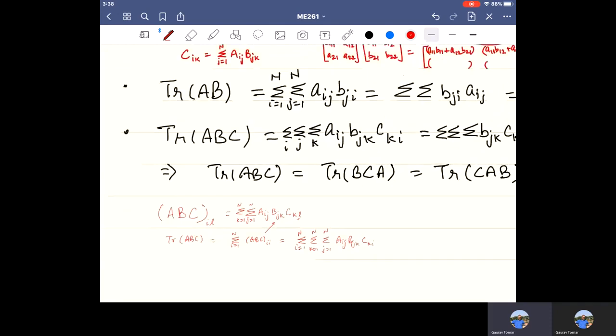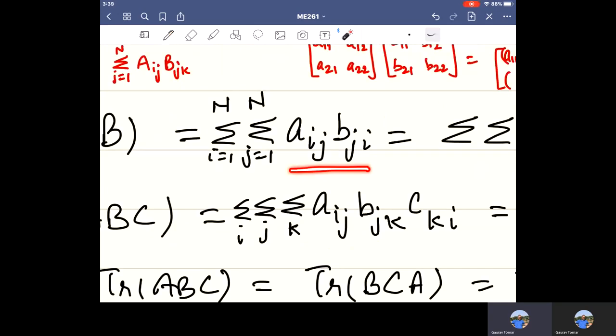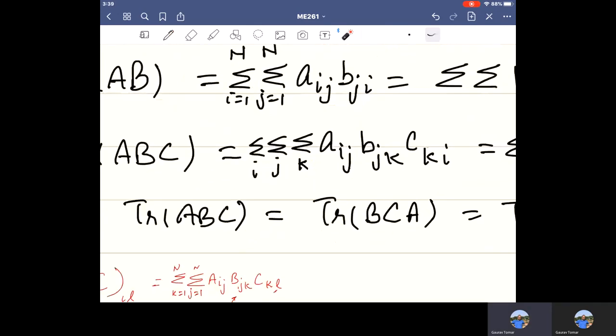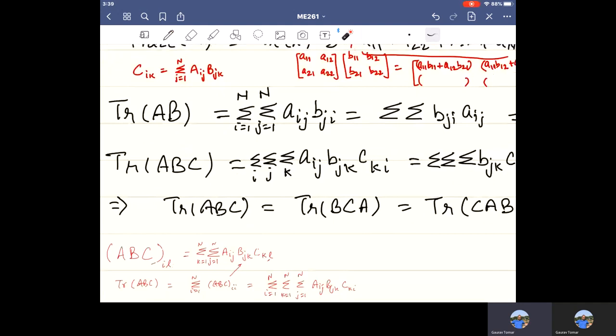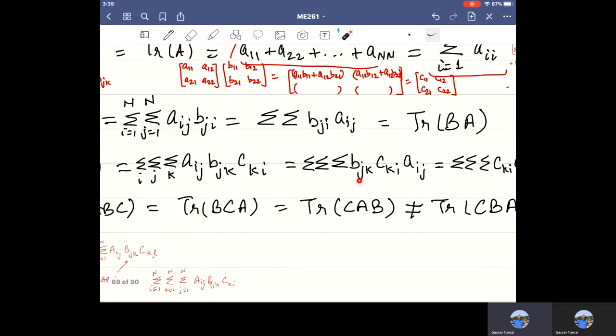Now, the same way that we arranged it in the case of a product of two matrices, we can do the rearrangement here. You can see that already happening. We can say Bjk and Cki looks like a product, and then I can push back A. So I can write Bjk into Cki, where k should match and i should match for the product to be correct.